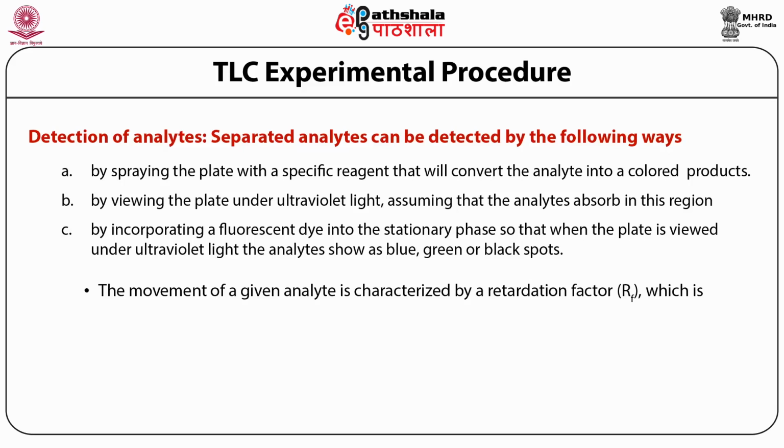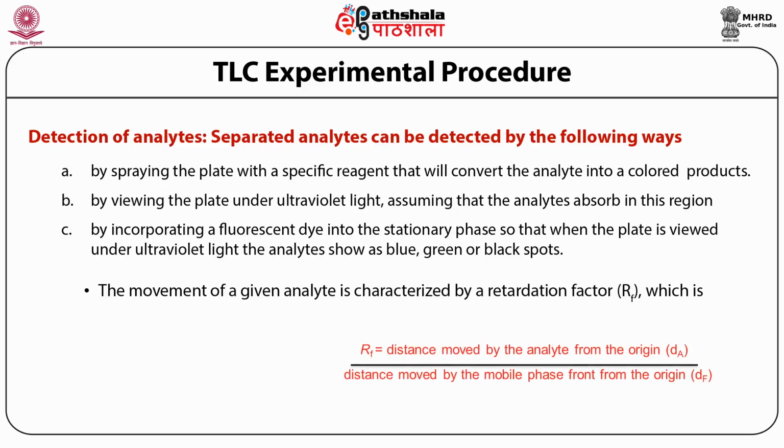So how do you calculate this retardation factor? The retardation factor is the distance moved by the analyte from the origin, called dA, over the distance moved by the mobile phase front from the origin, which is dF. As you can see in the figure, the pink arrows depict the distance moved by the analyte and the distance that the organic solvent has moved on the plate.